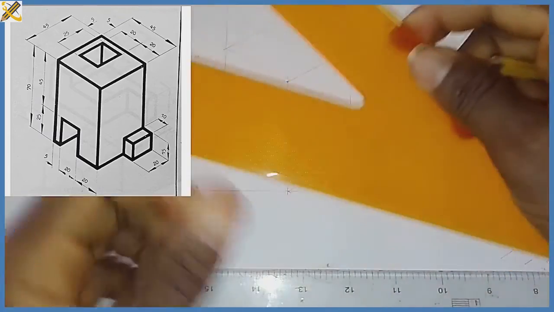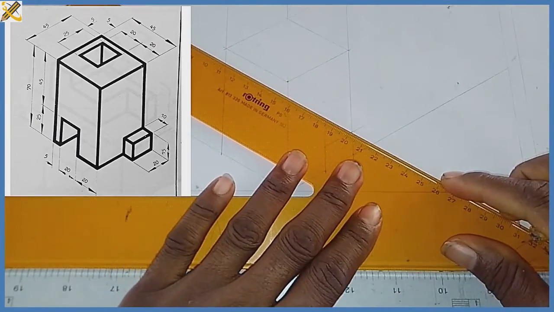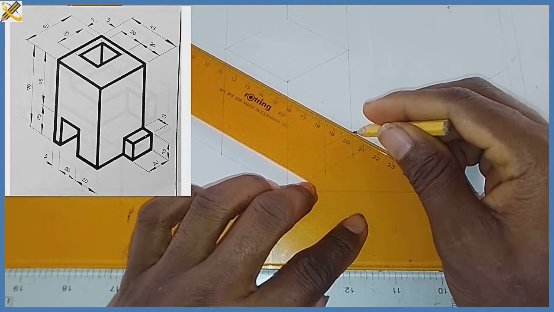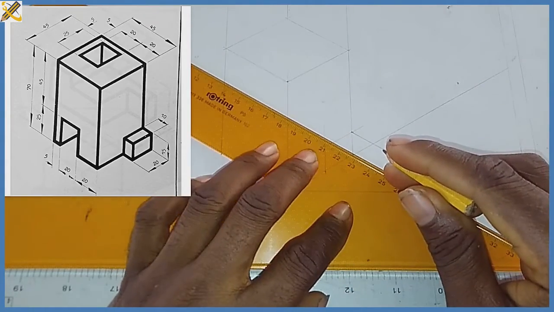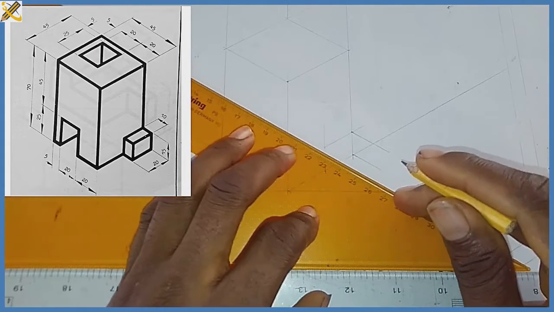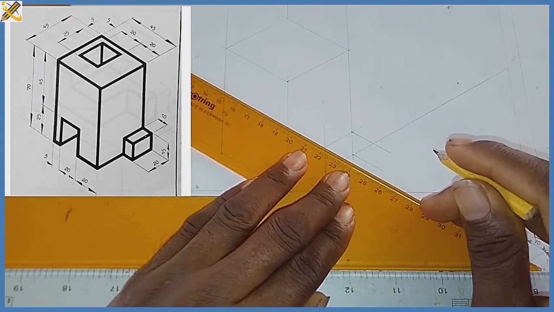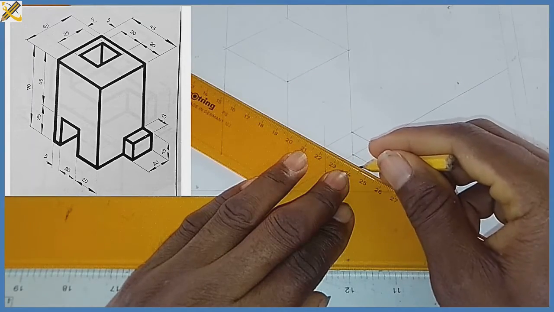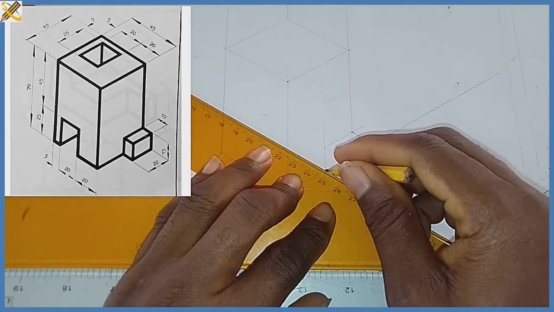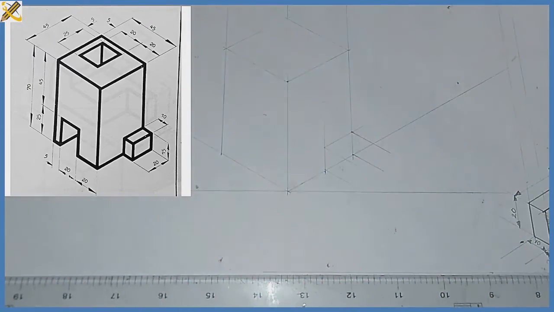So with that, I'm going to bring it out with my 30-degree set square in this manner, in this manner, and in this manner. Can you see?